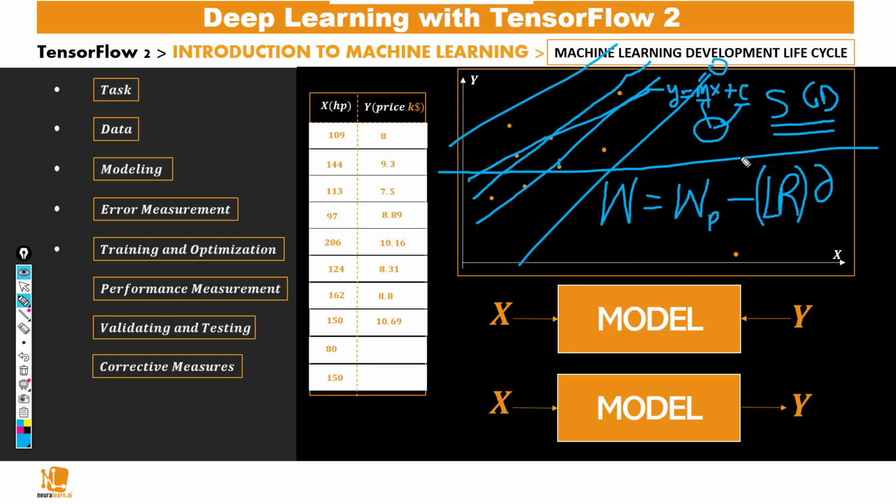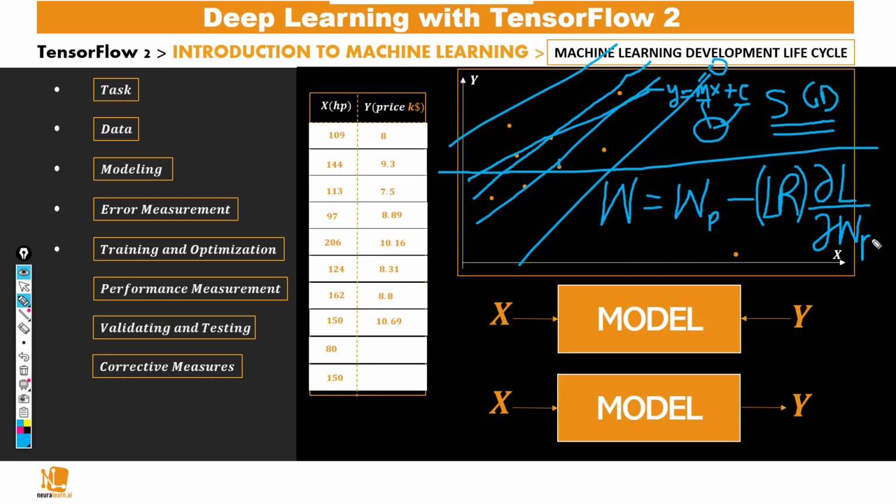In case you have no background in calculus, you shouldn't worry, as TensorFlow will take care of this. So here we have the learning rate times the derivative of the loss function with respect to that weight.